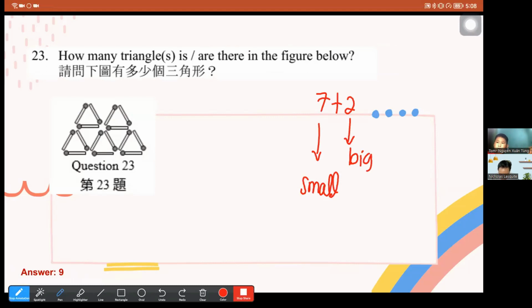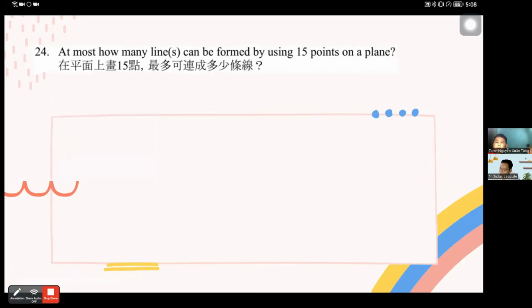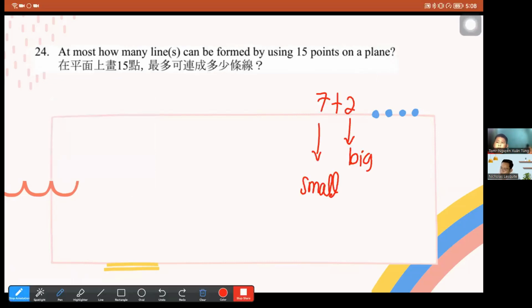Okay, are you done? Yes, sir. Thank you. Let's have number 24. At most, how many lines can be formed by using 15 points on a plane? If I tell you, how many points do you need to form a line? 2, right?